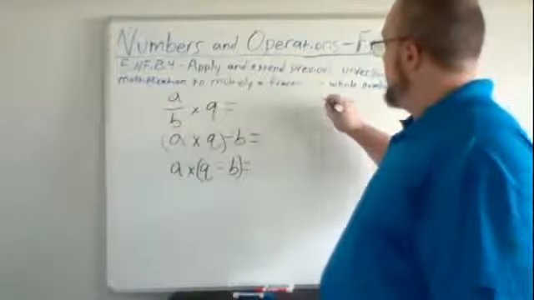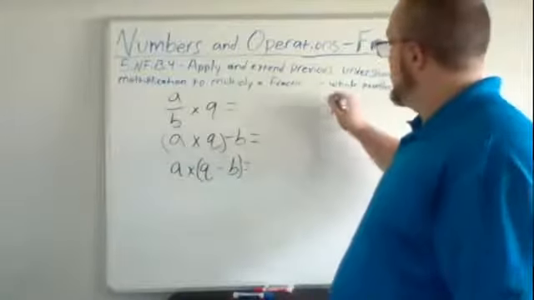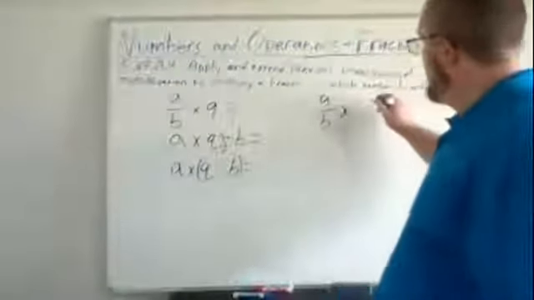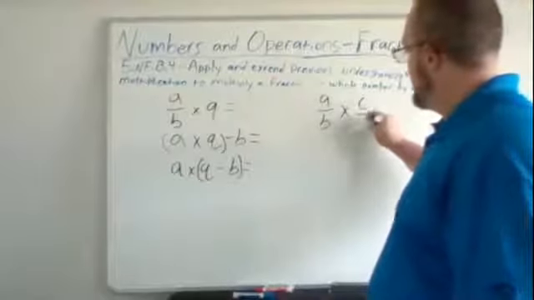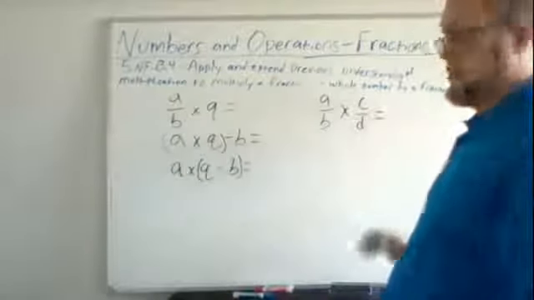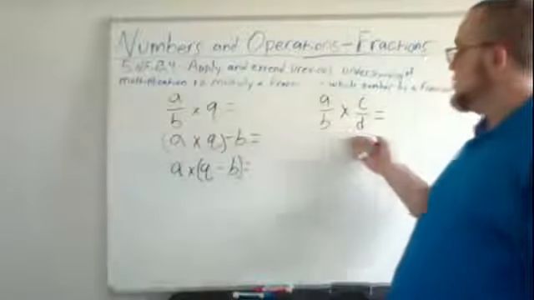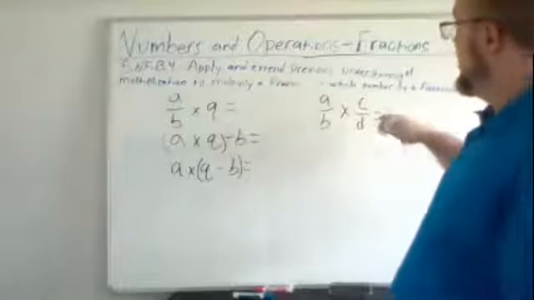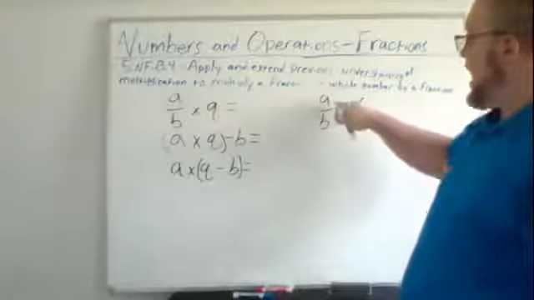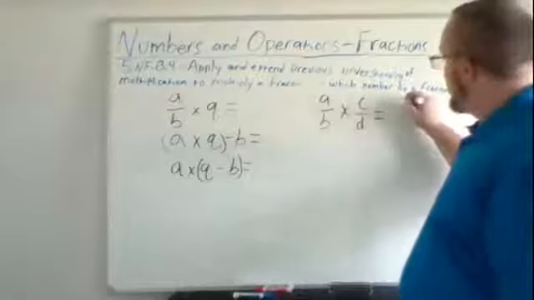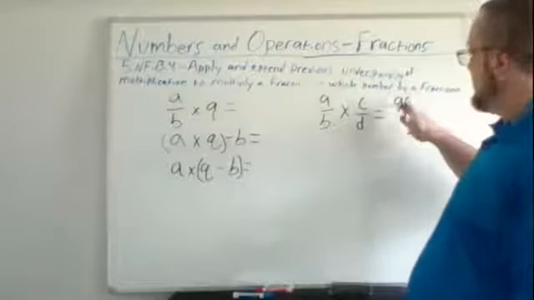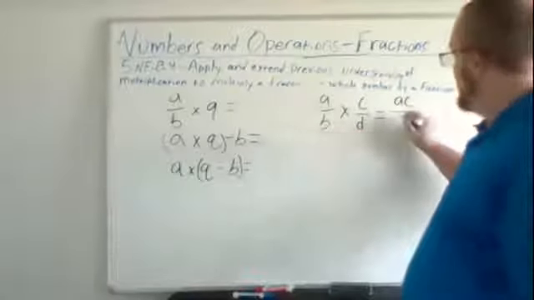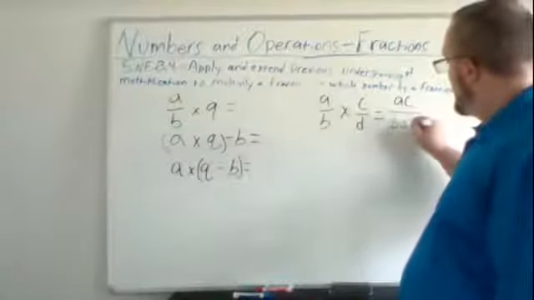So when multiplying two fractions, the first fraction is going to be A over B times C over D equals, and when we're using this equation to multiply fractions, your answer is going to be A times C, so we're going to write that as AC, or A times C, over B times D. We're going to write it like this.